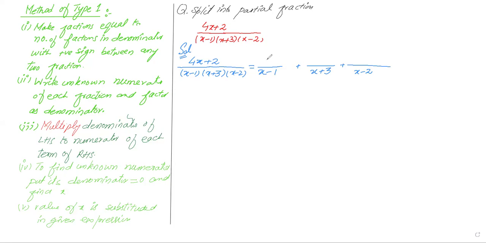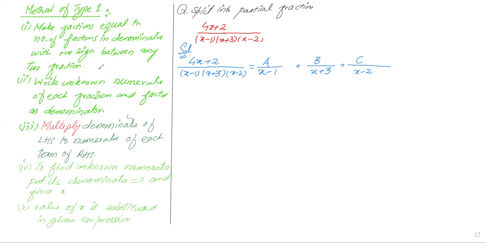Usually we suppose the numerators as capital A, capital B, capital C. The first step is clear and I have applied the first step. I just read the second step and I applied the second step.